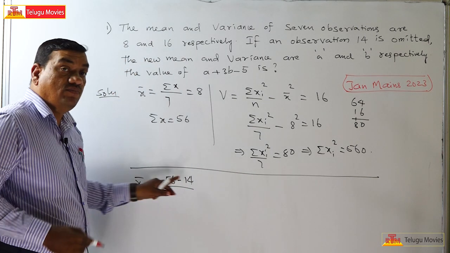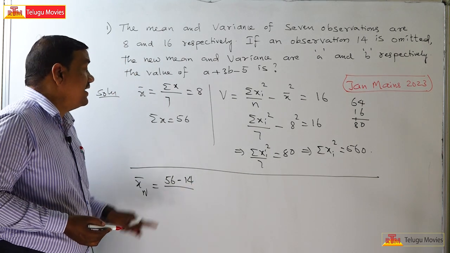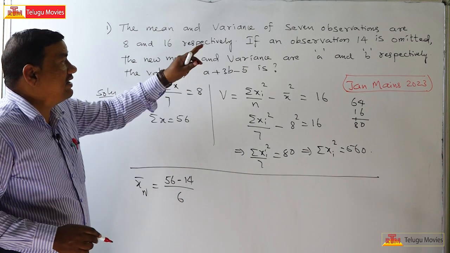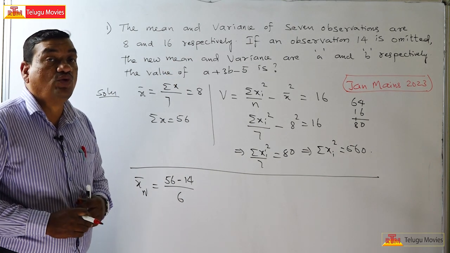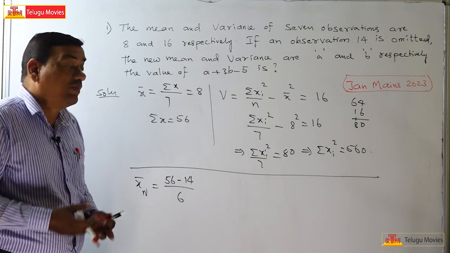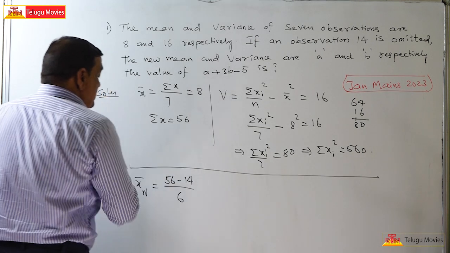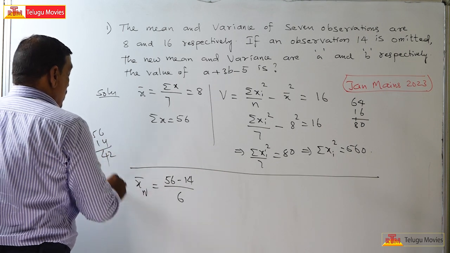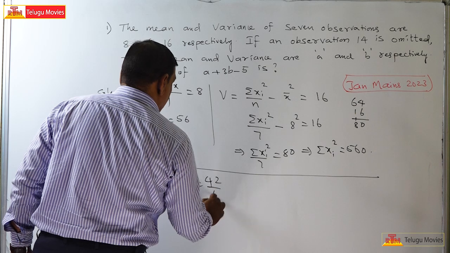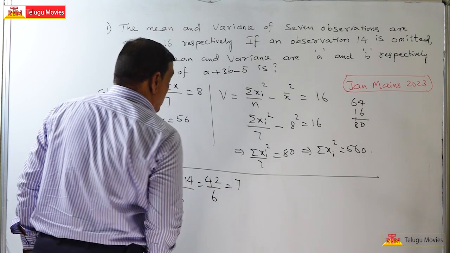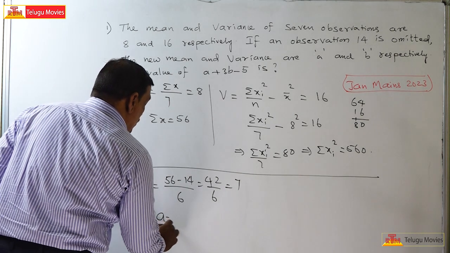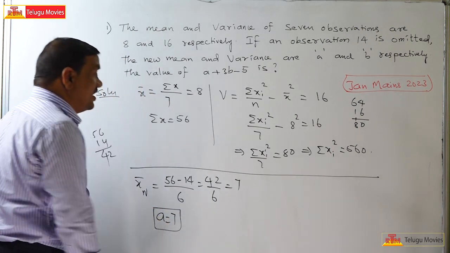Because from the sum 14 is removed and the number of observations is 6. Already 7 observations, 1 observation 14 is removed, so the total number of observations is 6. So 56 minus 14 is 42. 42 by 6 is 7. Therefore A is equal to 7. We got the A value 7.